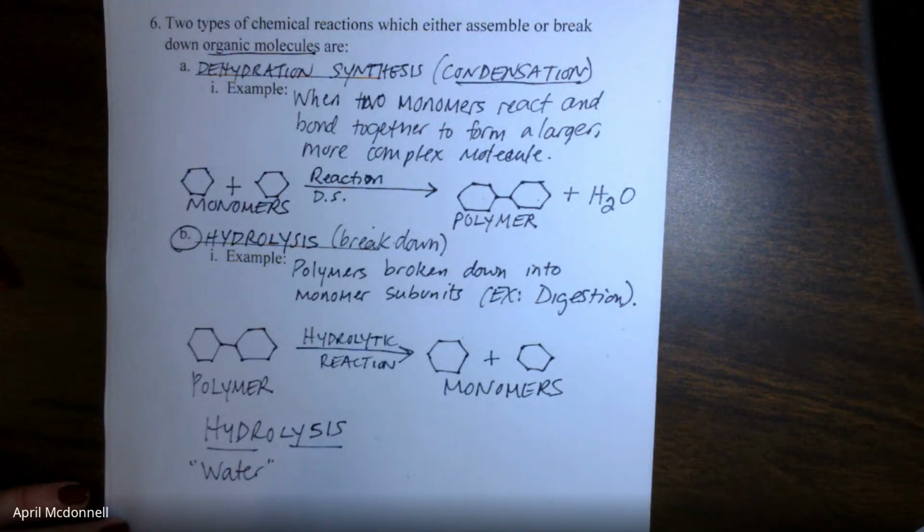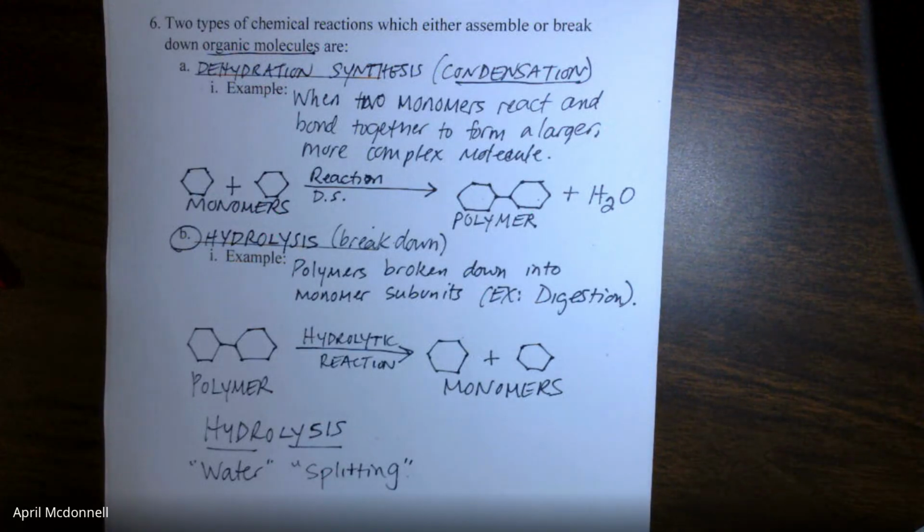So hydro is referring to water and lysis is referring to splitting. So during the hydrolytic reaction, a water molecule is needed and it is going to be split apart. You will see this in more detail when you conduct your lab.